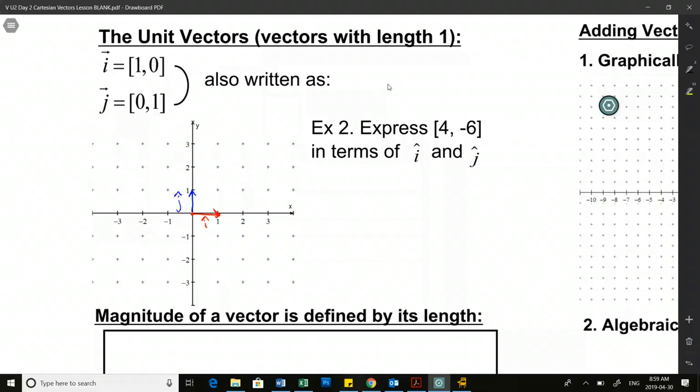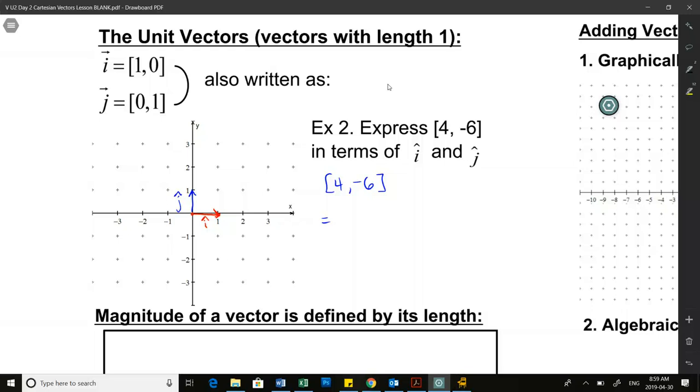So we worked yesterday to express our Cartesian vectors in terms of our unit vectors I hat and j hat. And essentially what we do is we just create a little sentence that says how many scalar multiples we want of I and how many scalar multiples we want of j in order to get us to that point. So how far do we go over, how far do we go down or up.